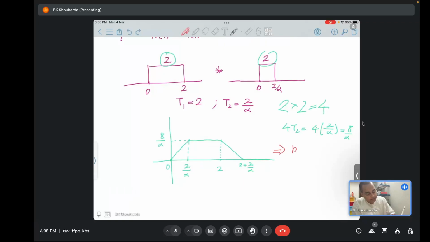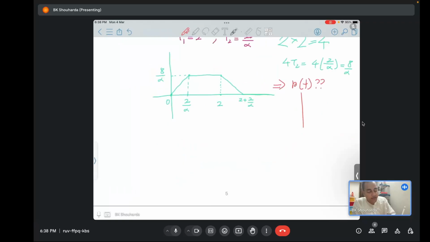Now how do we write this in terms of the ramp function? Remember the ramp function that I had mentioned in the previous lecture? It's a typical function r(t), which is 0 when t is less than 0, and it is t, with slope 1, when t is greater than 0. So what are the slopes over here?